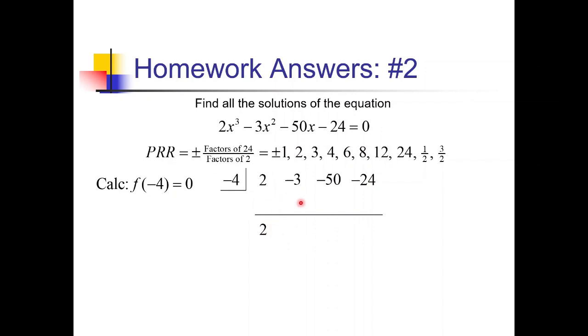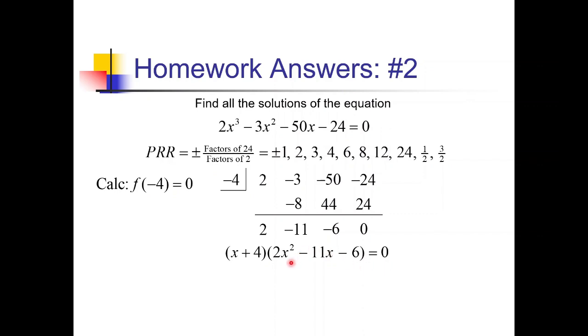Negative 4 times 2 is negative 8, plus negative 3 is negative 11, times negative 4 is 44, plus negative 50 is negative 6, times negative 4 is 24, plus negative 24 gives us the 0 that we were hoping for. All right, so we've got x minus negative 4, or x plus 4 if you like, and then my quotient is going to be 2x to the second power because we started with third power, so 2x squared minus 11x minus 6, all of that equaling 0.